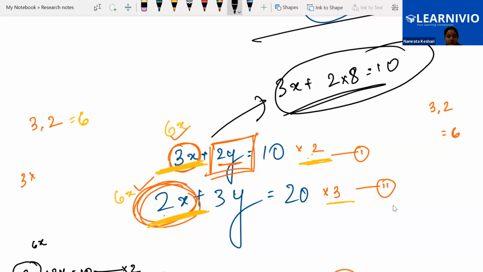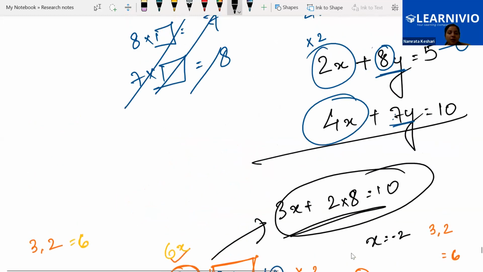Ma'am, x value is minus 2. Is it so, Arya? Yes. Okay, let me check. Yeah, x is minus 2.